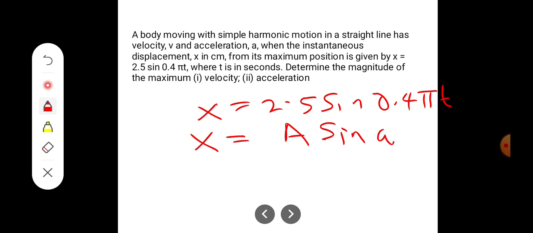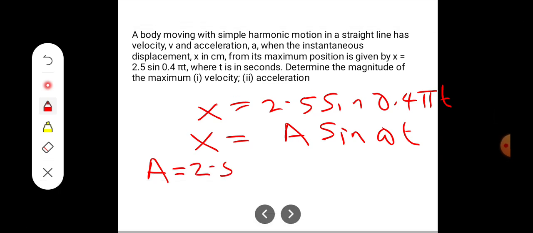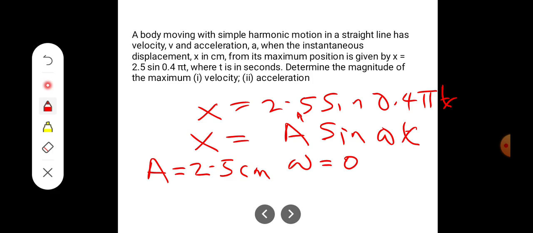If we compare both, you can see that A is equal to 2.5, and since all distance is in centimeters, A is 2.5 centimeters. Then t here cancels t there, so omega is 0.4 pi from the question. With this we can answer any question. The first one is to determine the magnitude of the maximum velocity.